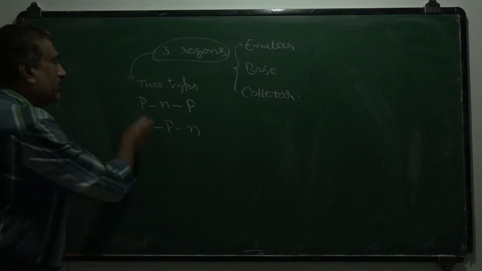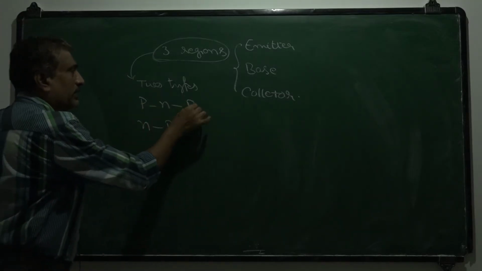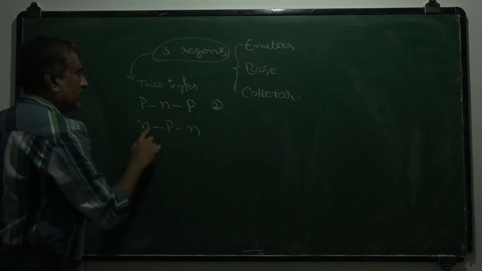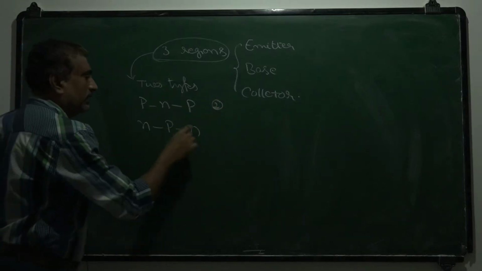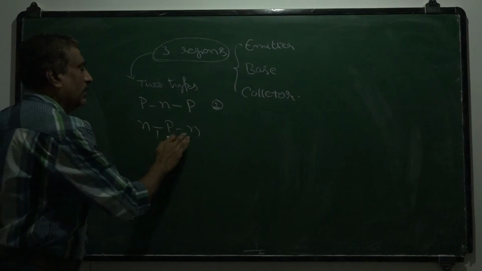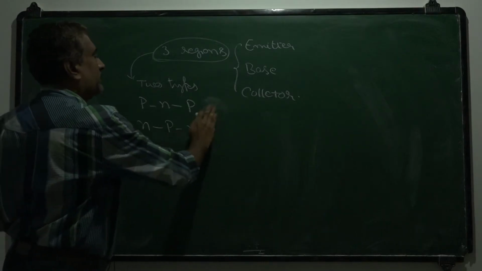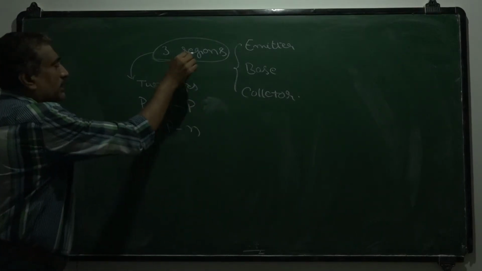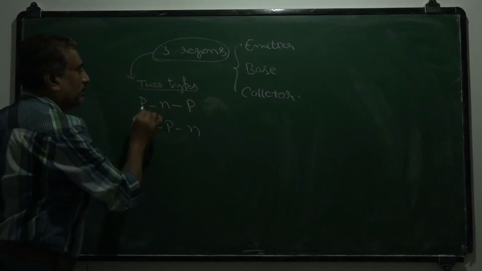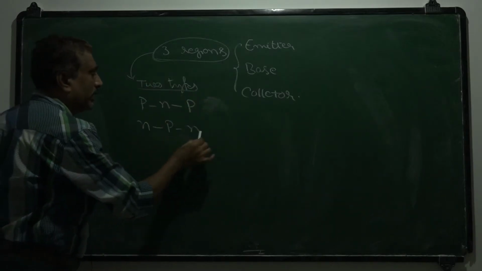That means here we get a p-n junction, here we get a p-n junction, so two p-n junctions. Here also two, NP and PN. Here is one junction, here is one junction. So transistors are of two types: the PNP transistor and the NPN transistor.